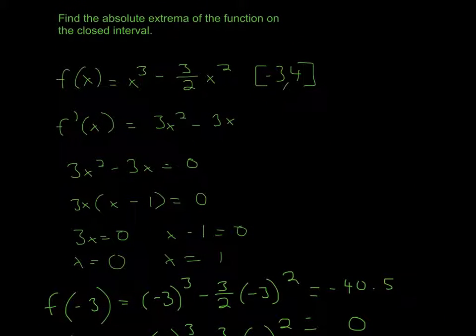When you find these things, you plug them back into the original function, and you also plug the endpoints into the original function. So why do we plug it into the original function and not the derivative? We plug it into the original function because we're finding the absolute extrema of this function.